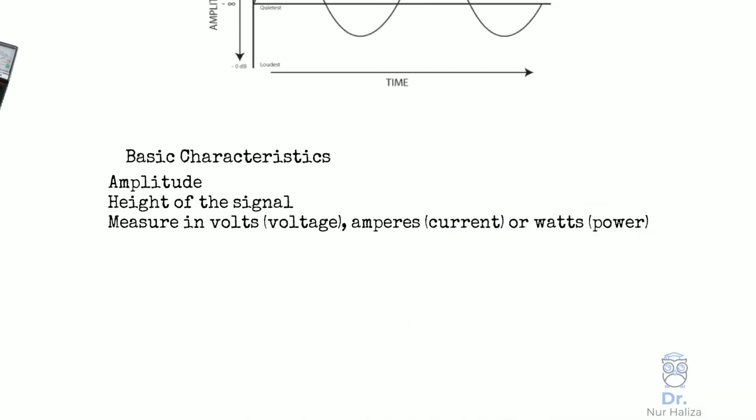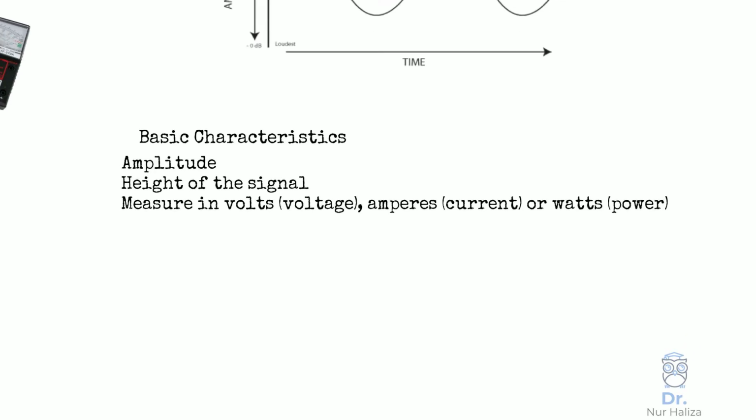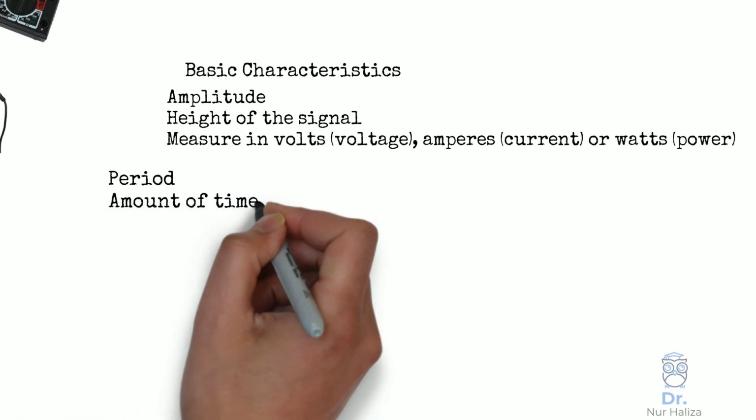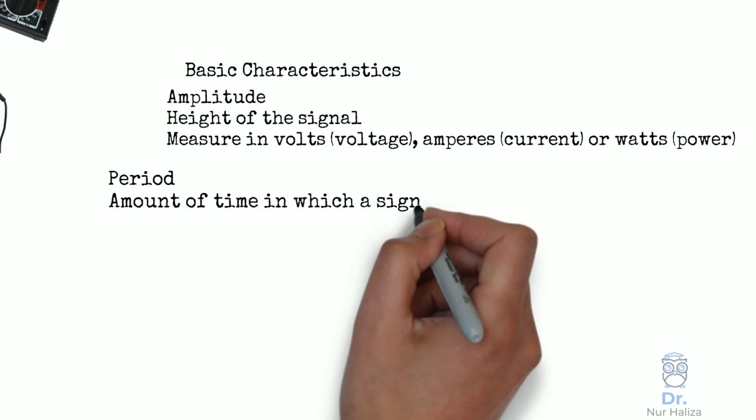It is equal to the vertical distance from the given point on the waveform to the horizontal axis, and the units that measure the amplitude are volts, amperes, or watts, depending on the type of signal. The second is period.